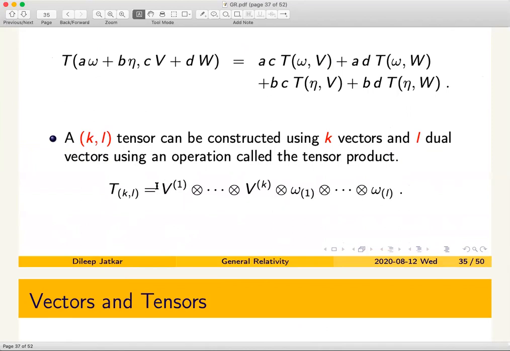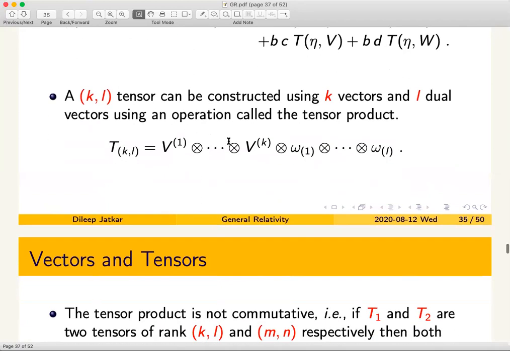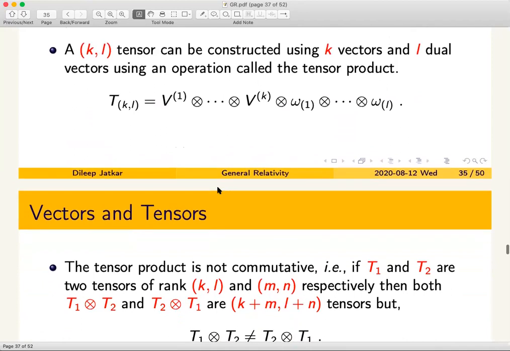So for example, V1 is a vector which has index, say, α, and Vk is a vector which has index, say, γ. Then the components of T^k_l would have a first contravariant index α and a kth contravariant index γ. That is exactly the way it would be ordered. The γ wouldn't occur at any other place. So in other words, this tensor product is not commutative. You cannot write them any which way you want.